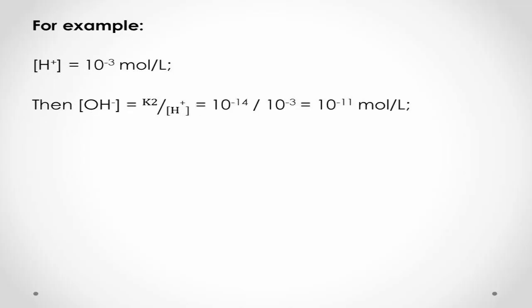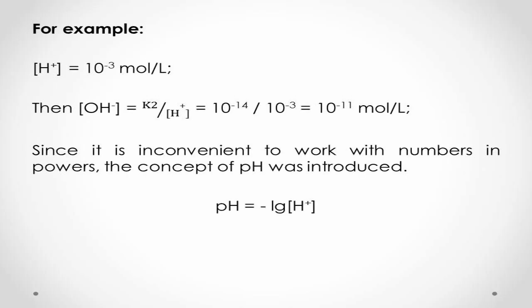We substitute the numbers and get 10 to the minus 11th mole per liter. So, at an H plus ion concentration of 10 to the minus third, the OH minus ion concentration is 10 to the minus 11th mole per liter. Thus, the H plus ions prevail, and we have an acidic medium.